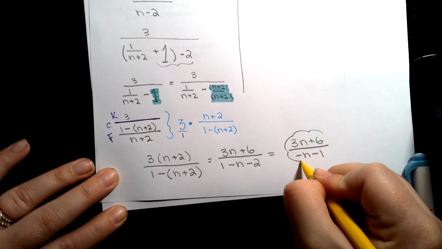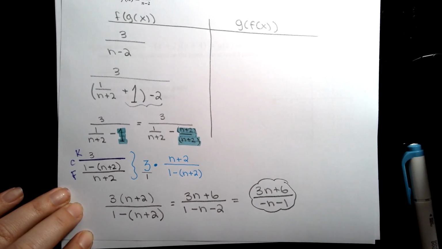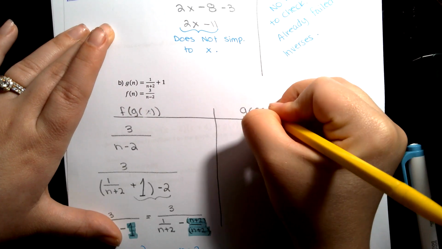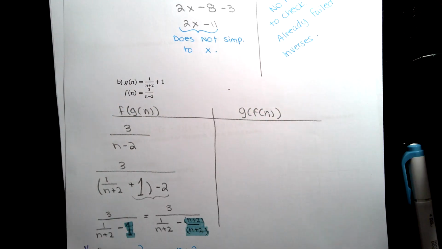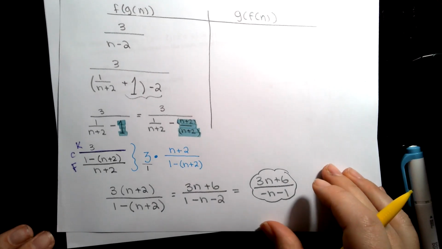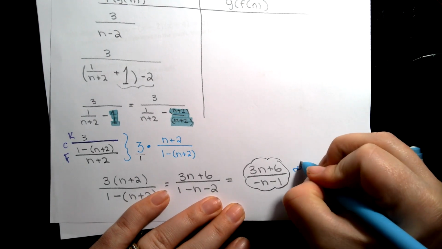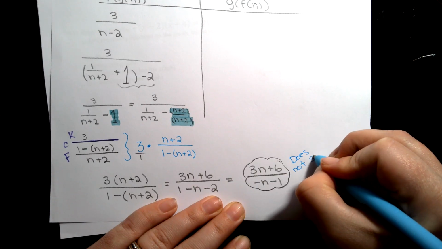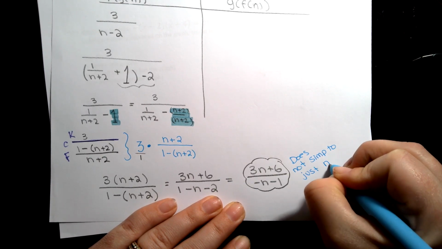This right here is not x. It's not n, right? So since we are using n, let's go back here and say not of x, but of n. Our goal is still the same. If we're using n, we need to simplify to just n. If we're using x, we have to simplify to just x. So this right here does not simplify to just n.